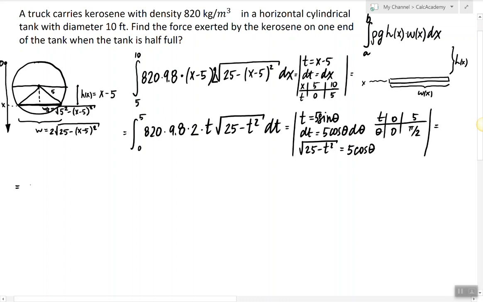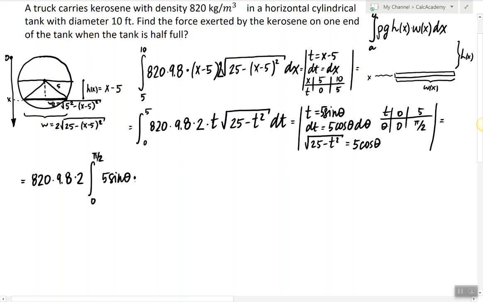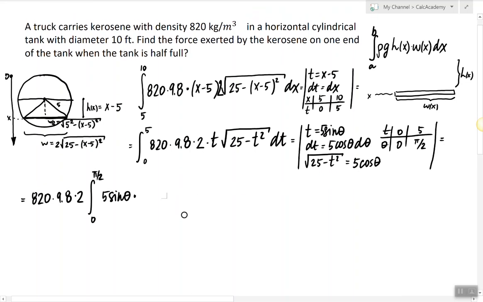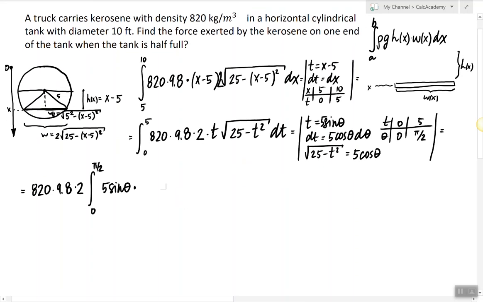So we get the following integral, in which I'm going to first factor out all the coefficients, and then we have the following integral. t is 5 sine theta, the square root of 25 minus t squared is 5 cosine theta, dt is 5 cosine theta d theta.